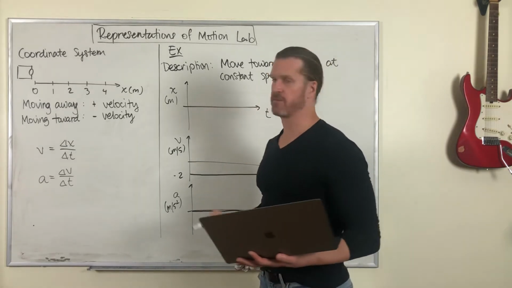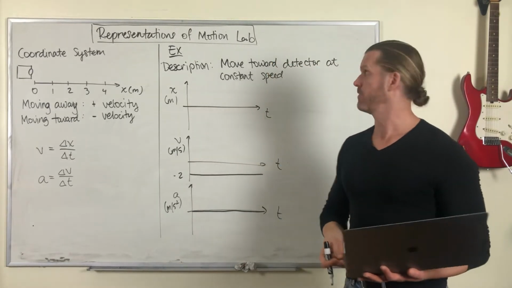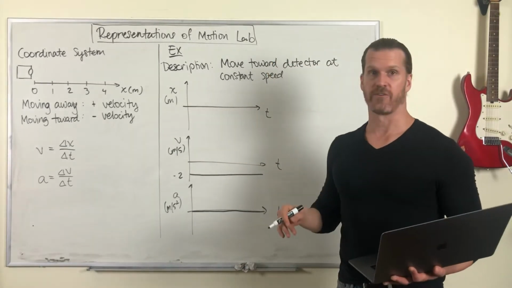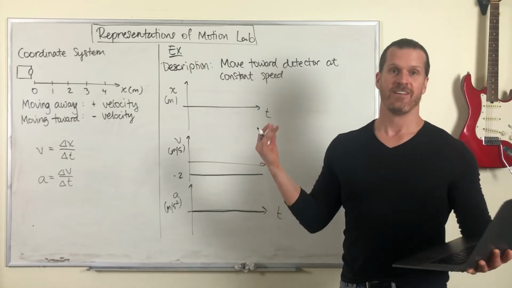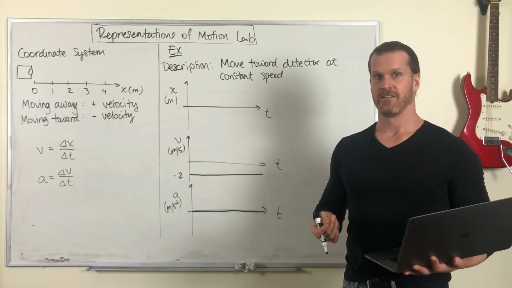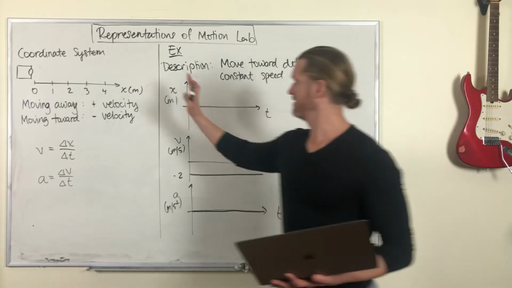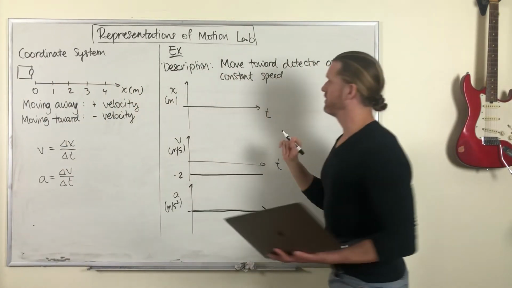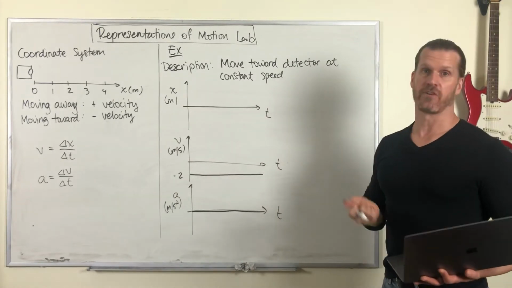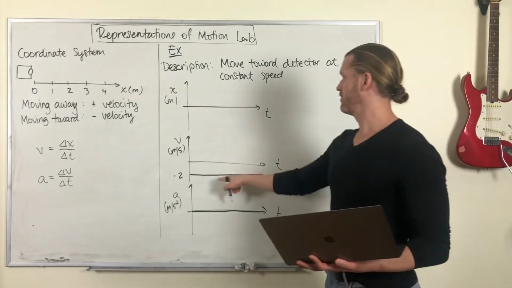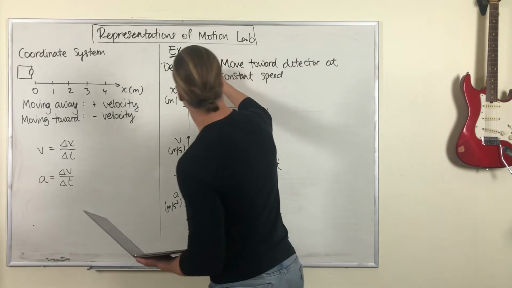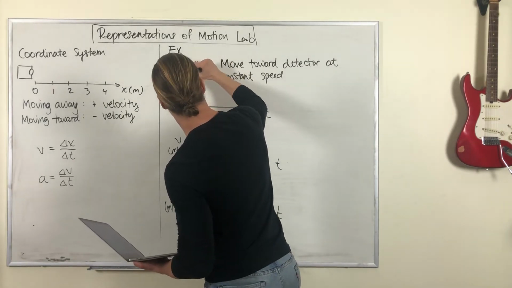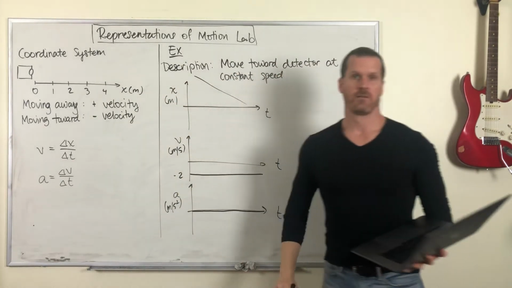And now we can think about position versus time. If you move toward the detector, that means your position is decreasing. You start out farther away and you get closer. And because we're moving at constant speed, it's going to look like a straight line with a slope of -2. So the position versus time graph will be like that.